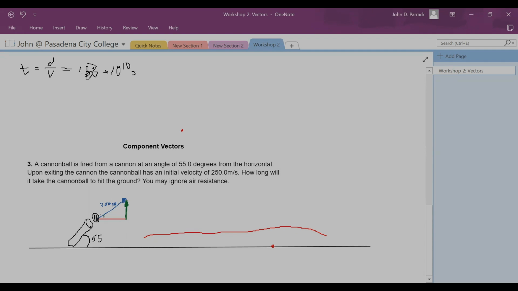So we've got this angle is 55 degrees. You may be recognizing a right triangle. And trigonometry is super your friend here. Whenever you're doing component vectors, it's going to be a lot about finding triangles, especially right triangles, breaking them up, and then using your trigonometry to solve for these components, right? These pieces.